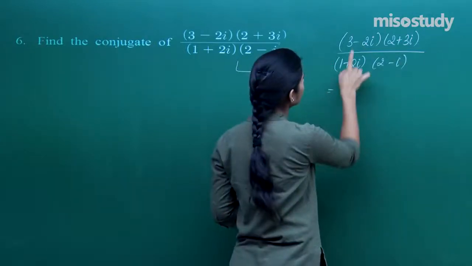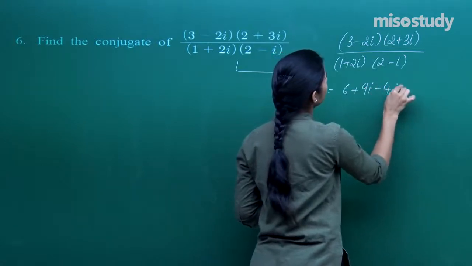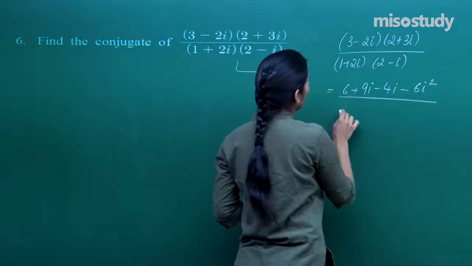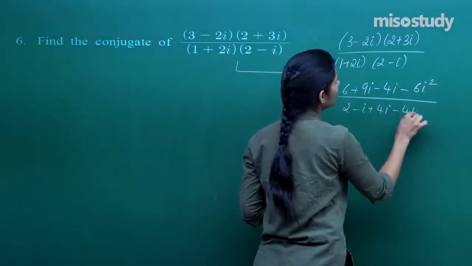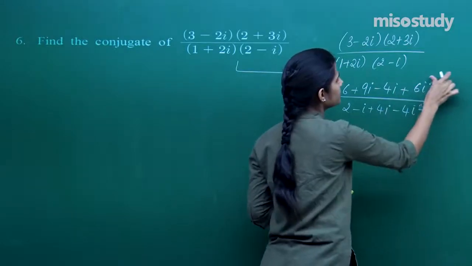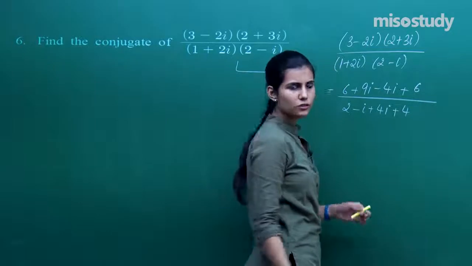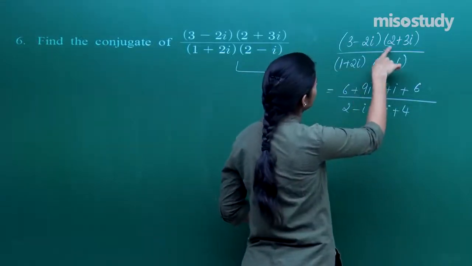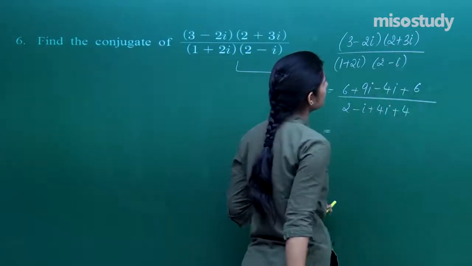Try to simplify. 3 into 2 is 6, plus 9i, minus 4i, minus 6i square, whole upon 2 minus i plus 4i minus 2i square. This means plus 6 and this means plus 4. Iota square is minus 1.